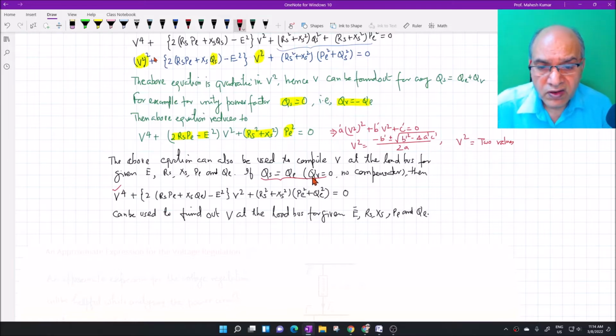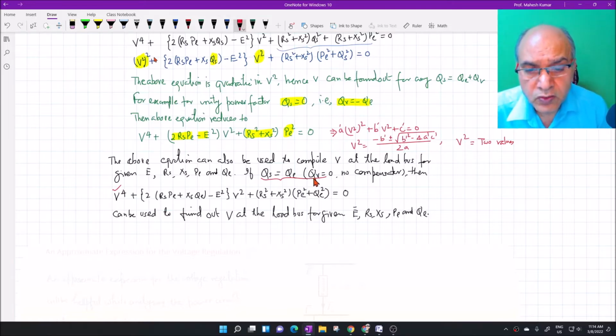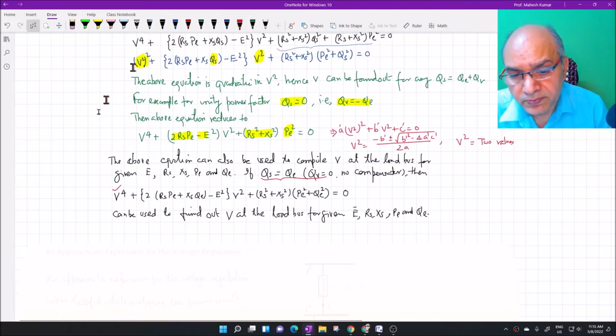So you can fix the Q gamma to achieve a certain power factor at the load bus, but voltage you have no control, and voltage can be solved from this equation. In the first case, we set the voltage and we find out the Q gamma. Here we set the Q gamma and we find out the voltage.